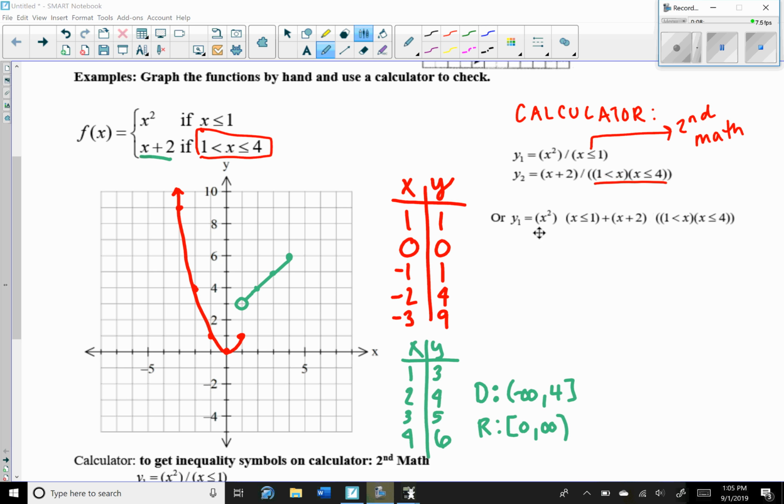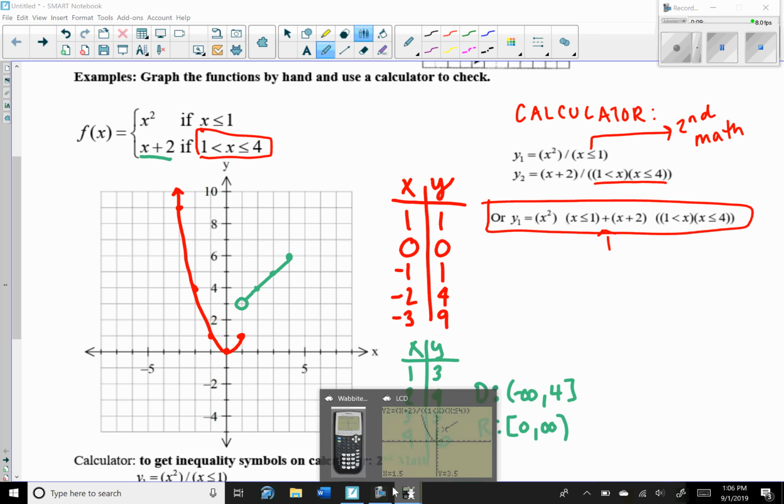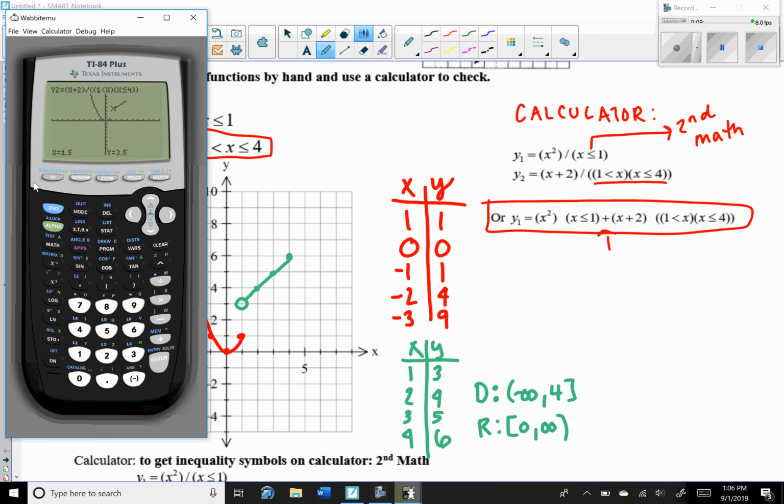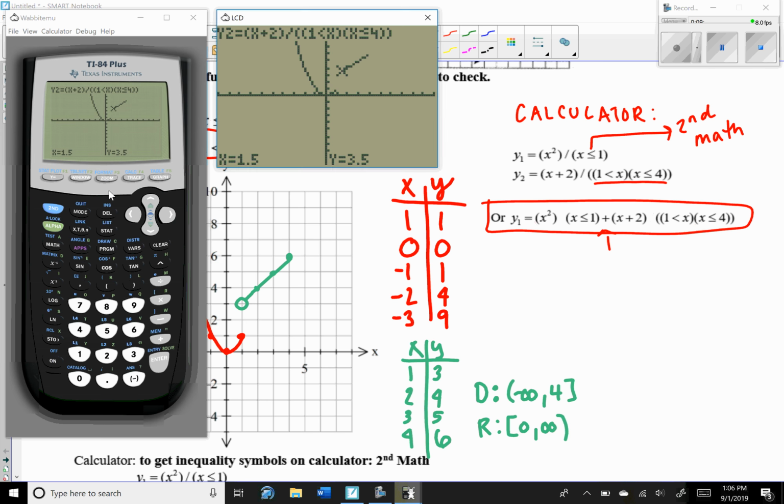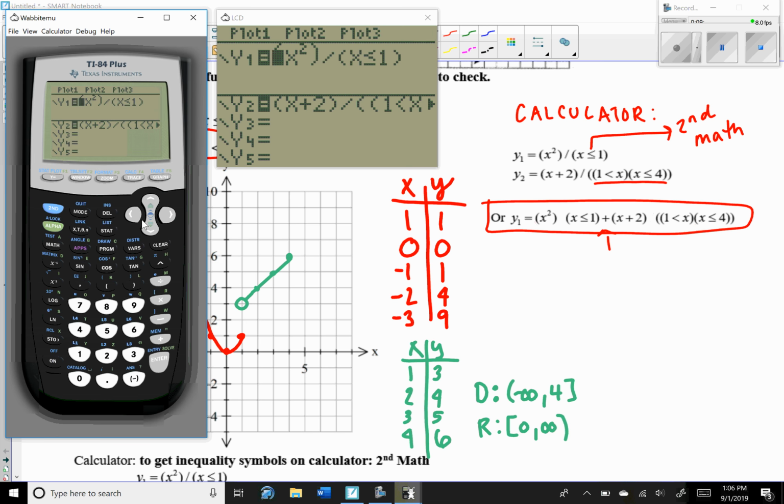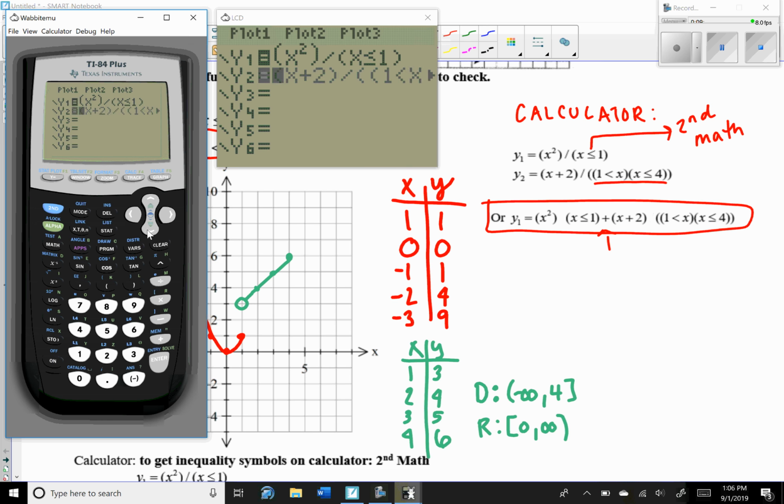Another way you can plug this into your calculator is what I have written right here. So you can plug it in all together. Notice there is no division symbol here or here. And to write the equations together, we use the plus sign in between. So I'm going to go ahead and put that into my calculator just so you guys can see. In my y equals, I'm going to clear out what we wrote for y2.